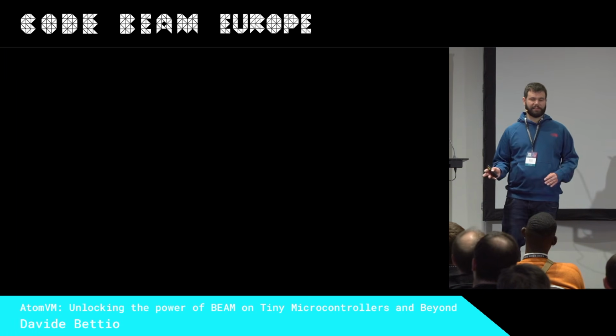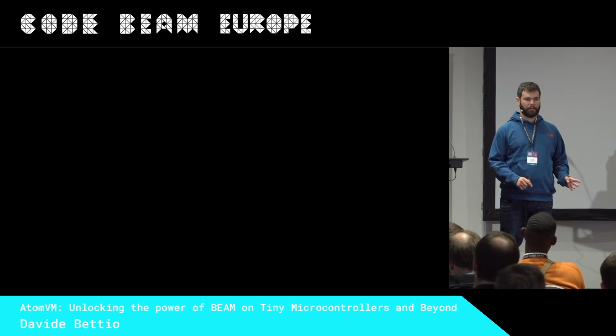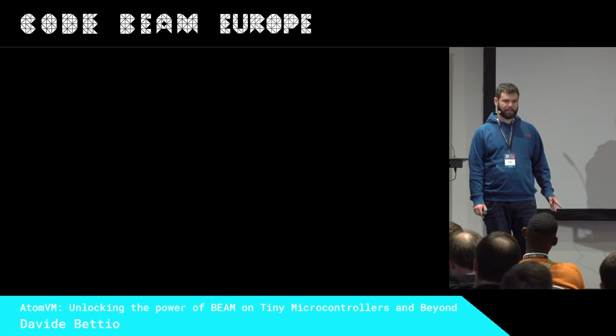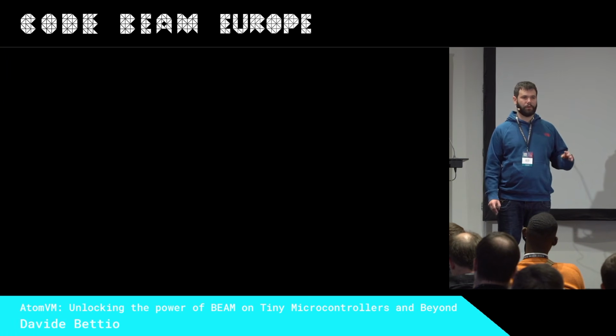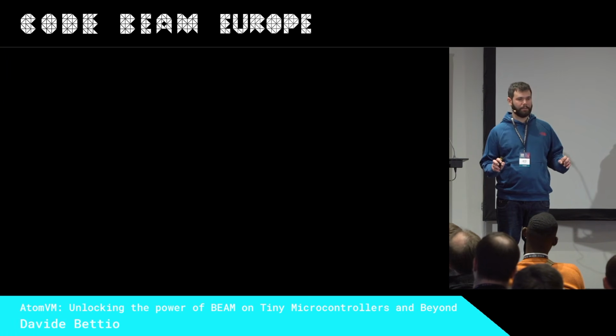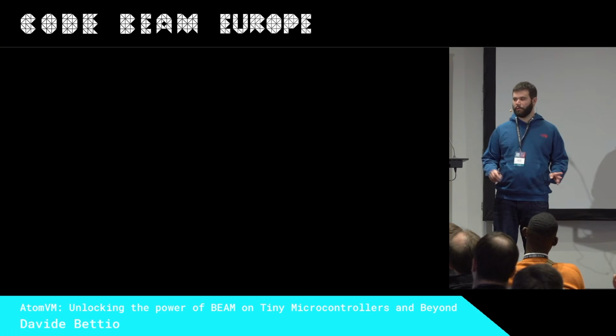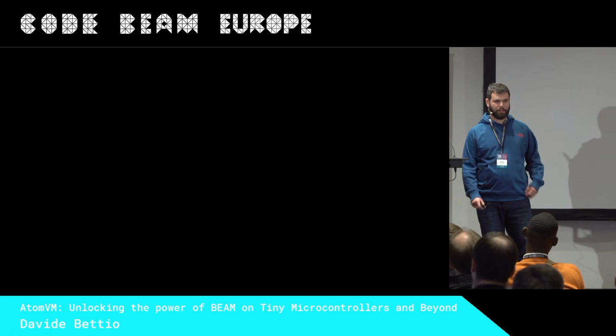But this is something that still has to be done. But it is one of the things that we really want to investigate. Also, as far as I know, there is no Nerves for Erlang or Gleam. In that case, the API is completely different.